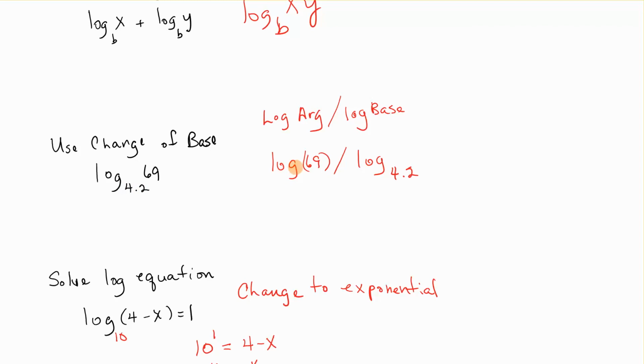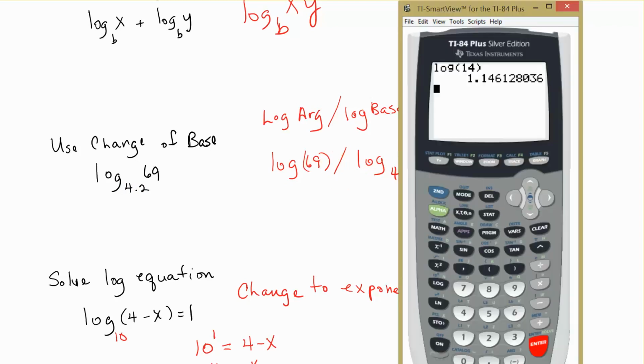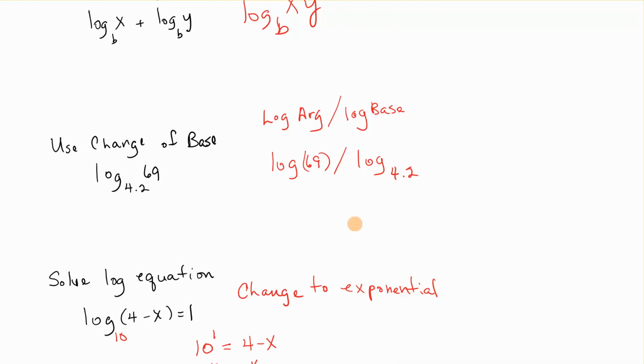So we do log of 69 divided by log of 4.2. And you could just do that on your calculator. You would do log 69 close divided by log 4.2 close and enter, and you get 2.95.